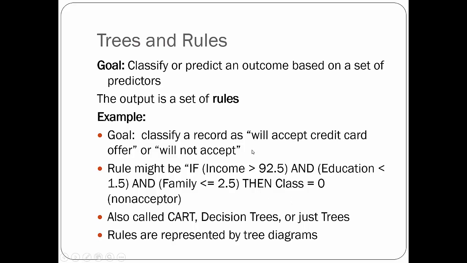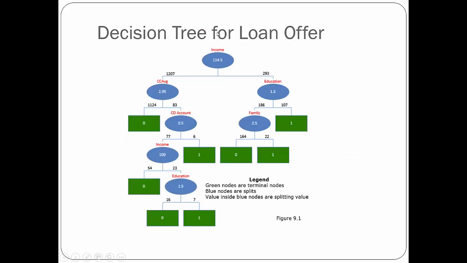An example of that is something like this. You start from the top, and you divide the data set into two parts based on the rule at the top. We have 114.5 for income, so less than 114.5 this way and greater than 114.5 that way.